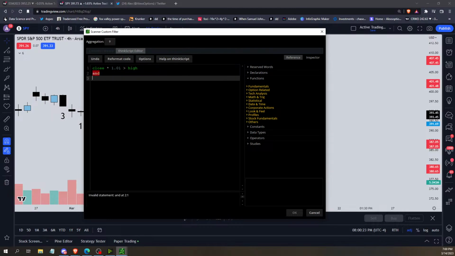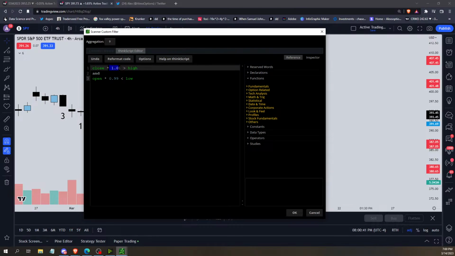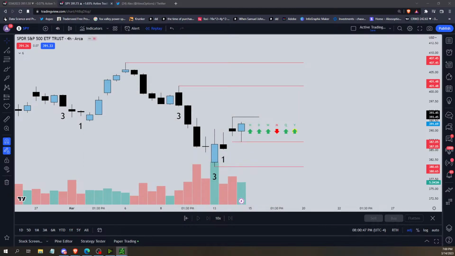And we want the open to be near the lows, so open times 0.99 to be smaller than the low. If 99% of the open price is below the low, it's really close to it. And if 101% of the close price is over the high, the close is close to the high. So that's my scan, and it's really simple.